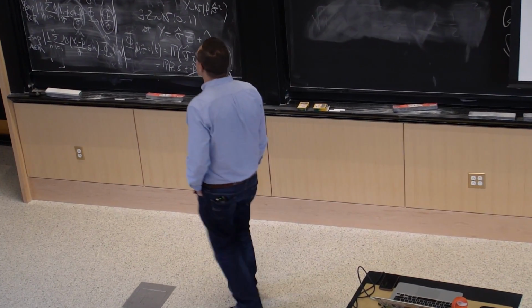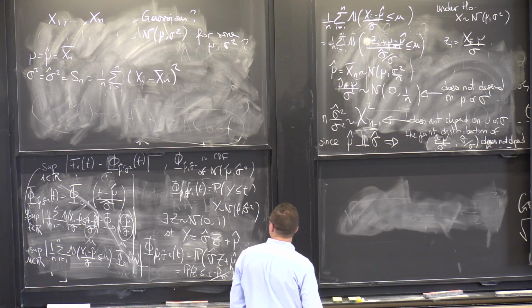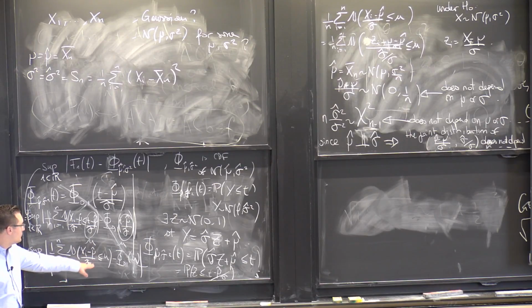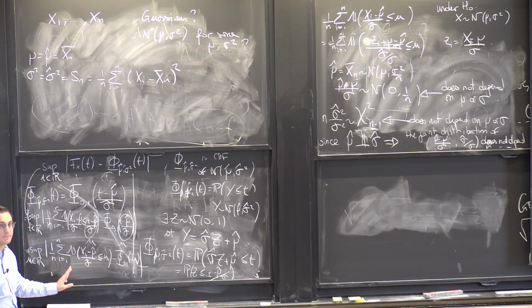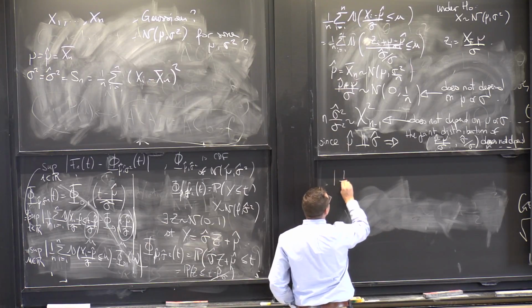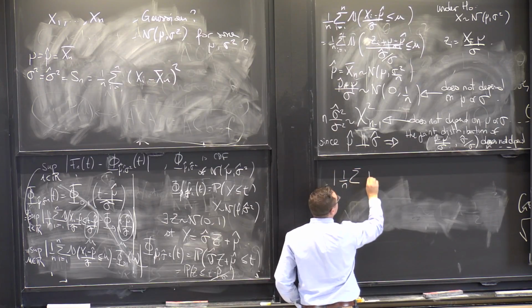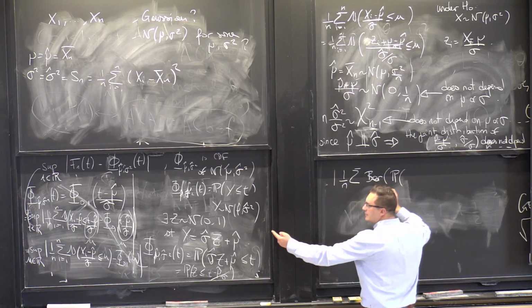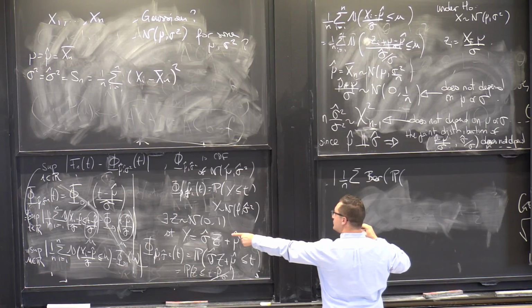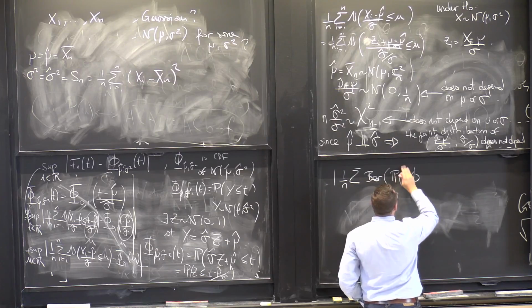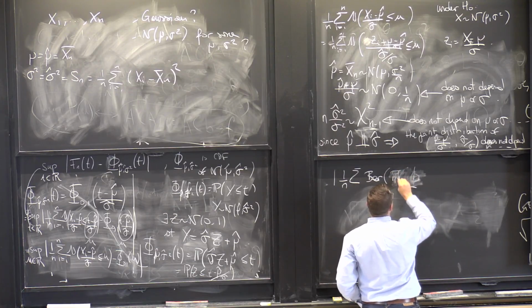here, if I actually knew what mu and sigma were, I would do exactly the same thing. But here, rather than having this average with mu and sigma, I would just have the average with mu hat and sigma hat. OK? So what it means is that the key thing is that what I would compare is the 1 over n sum of some Bernoullis with parameter, and the parameter here would be the probability that (xi minus mu) over sigma is less than t, which is just the probability that, it's a Bernoulli with probability phi_{0,1} of t.